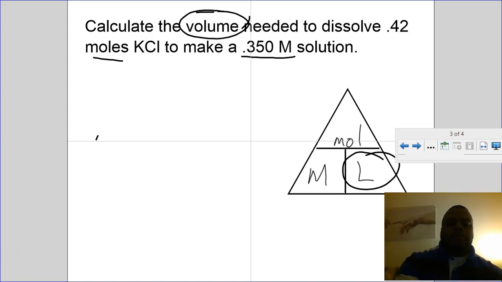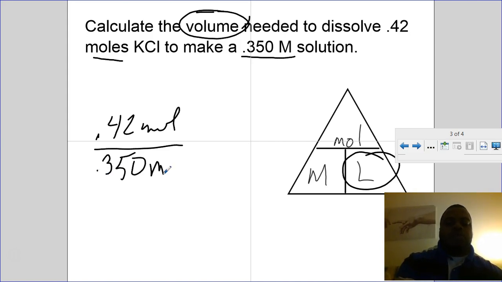So 0.42 moles over my molarity, 0.350 molar. Again, my number is going to be greater than 1 because 0.42 is greater than 0.35.